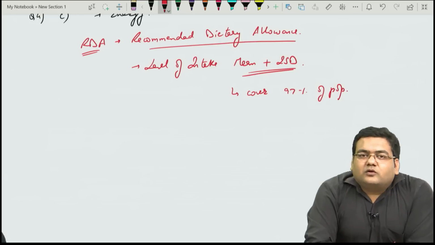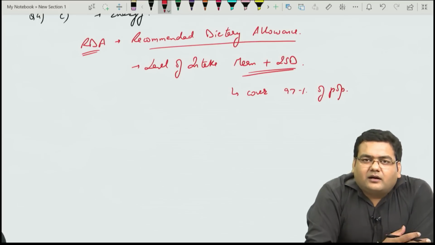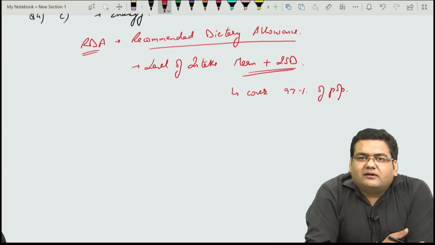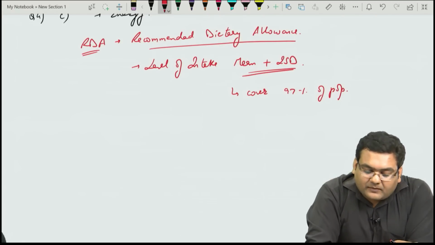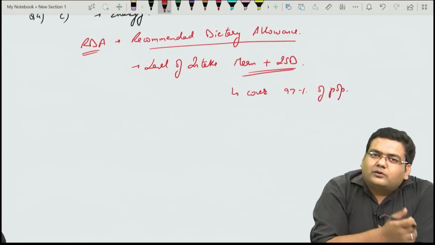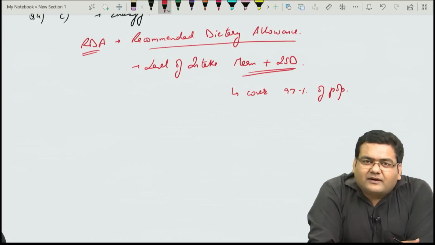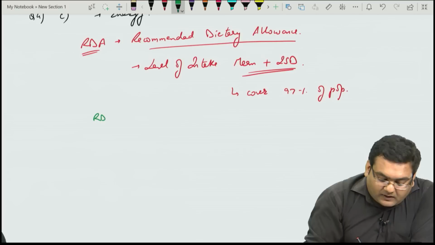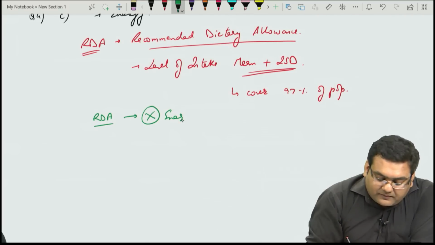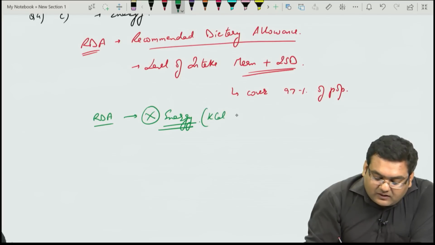When a person is consuming nutrients in recommended dietary allowances, we expect that 97% of the population is having adequate nutrient, and only approximately 2.5 to 3% of the people are not having adequate allowance. For all the nutrients, this concept is valid except for energy. Recommended dietary allowance is not good for energy, or we say kilocalorie intake.